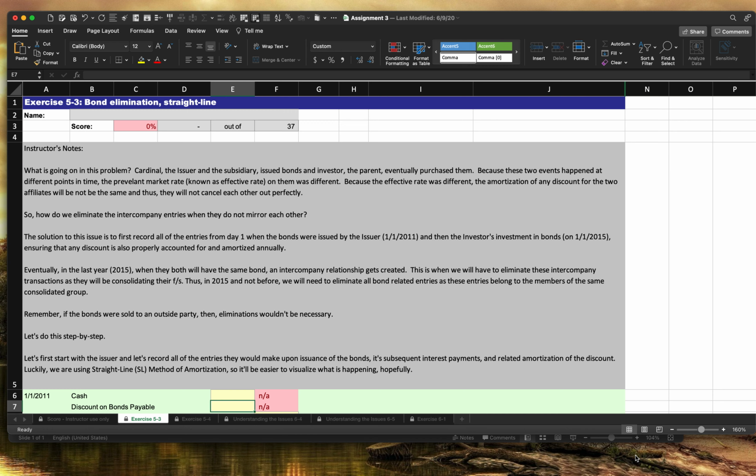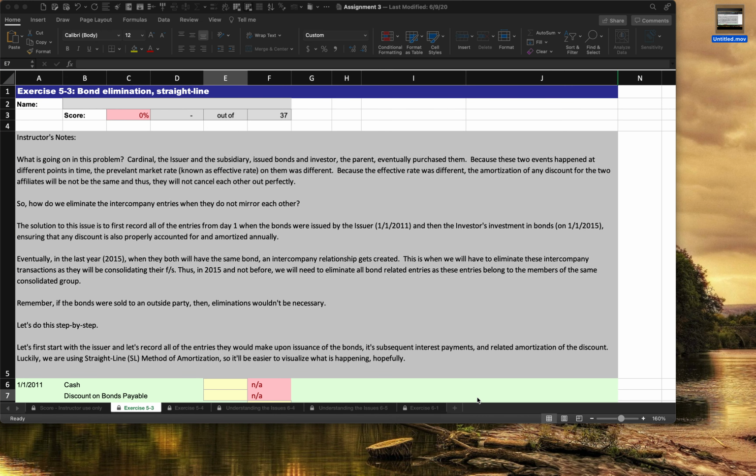And as we learned in the previous chapters, whenever there are intercompany transactions, we need to eliminate them because the parent can unduly influence the subsidiary to accept terms that are not favorable to its shareholders and/or are not fair for the market at large.